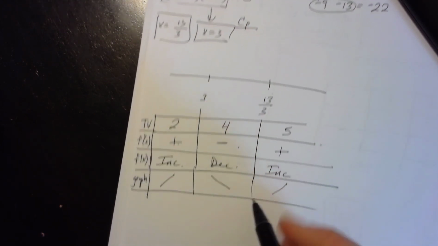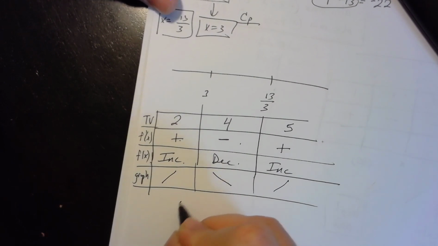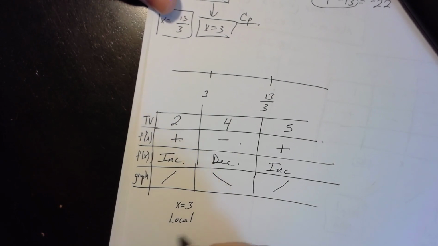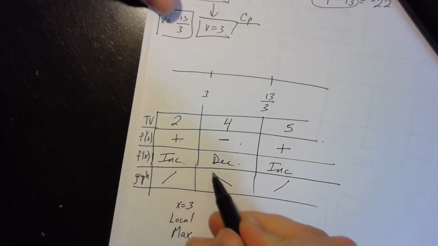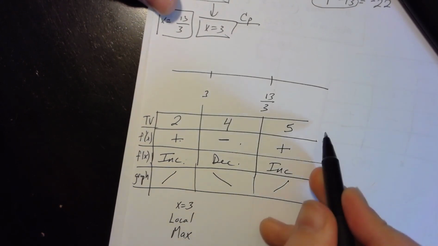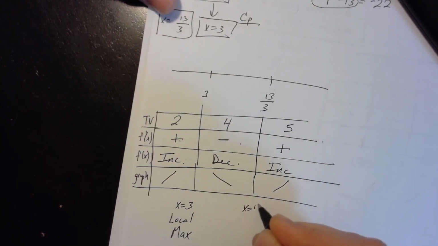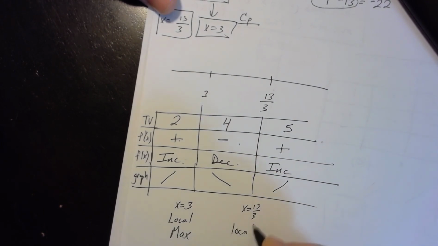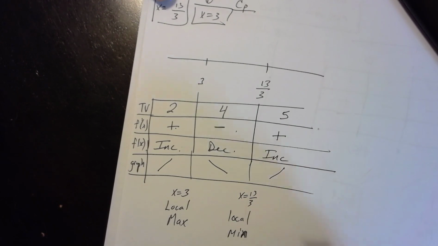With all this information, the x value of 3 should provide me with a local maximum, because it should curve up, hit a point, and then come back down. The same thing should happen here: I'm going to curve down and then curve back up. So at x equals 13 over 3, I should have a local minimum.